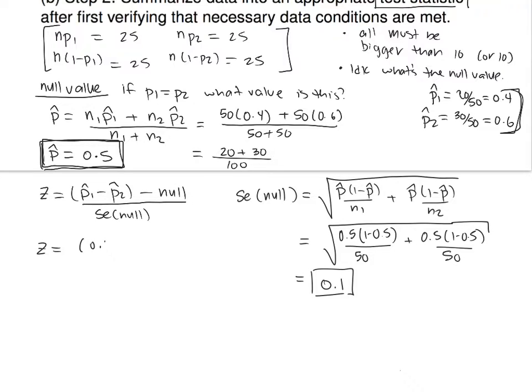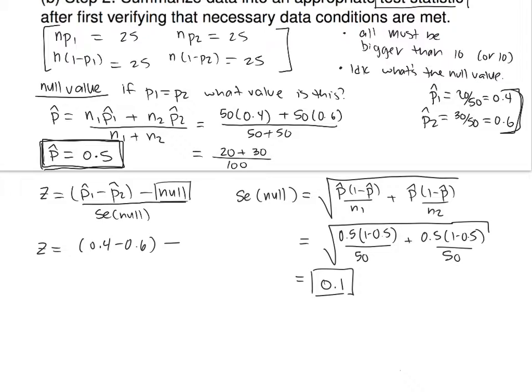Yeah, that's 0.4 minus 0.6, right? What's the null value we have? 0.1. Or sorry, no. Oh my gosh, I'm just not on it today. I'm so sorry. The null value, let me back up for a moment. No, it's not actually that far.